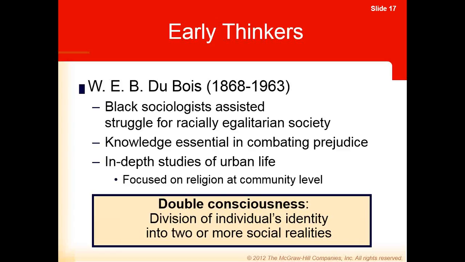In fact, protecting your family for an African American male could be dangerous and lead to loss of life in a lynching. So Du Bois believed that this led to the development of a double consciousness in African American males. So it's the division of individuals' identity into two or more social realities.